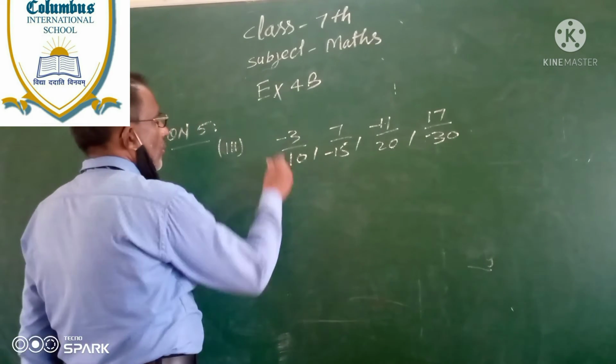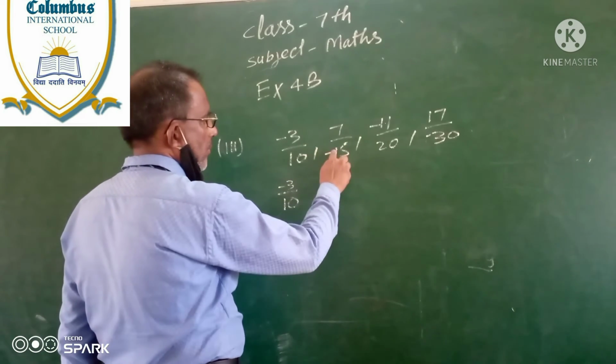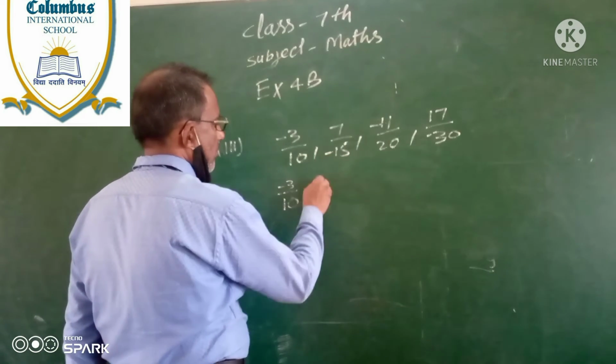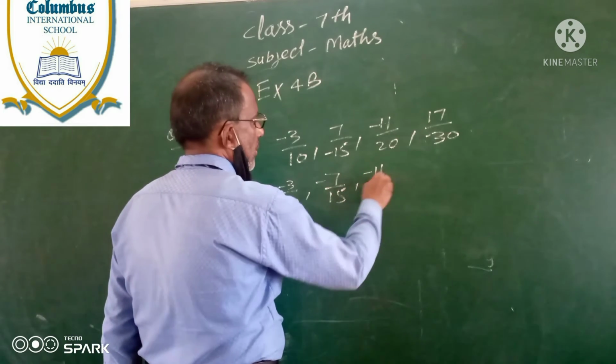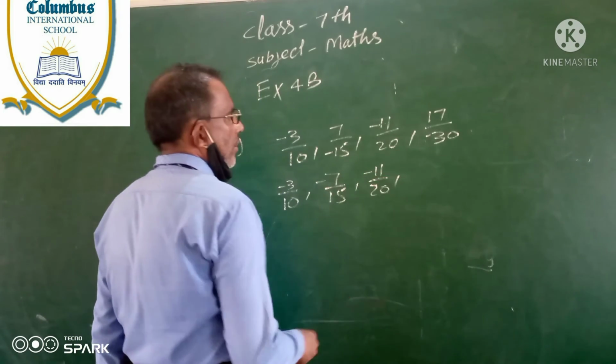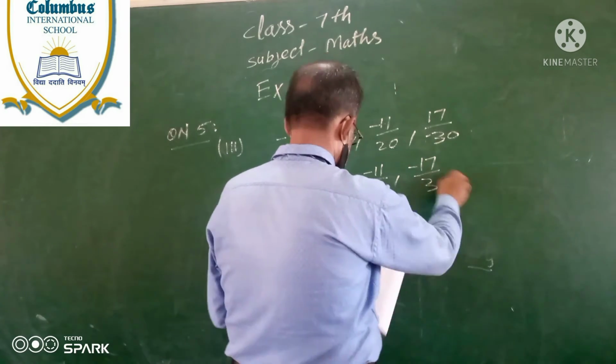Now we shall write minus 3 by 10. If plus is divided by minus, it will be minus. That is minus 7 upon 15, minus 11 upon 20, and minus 17 upon 30.